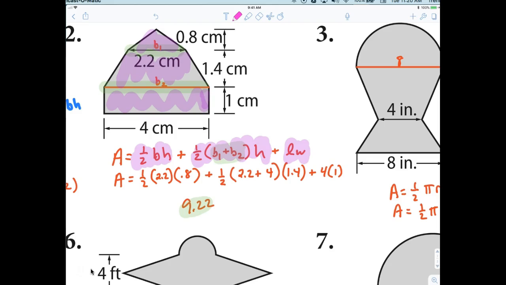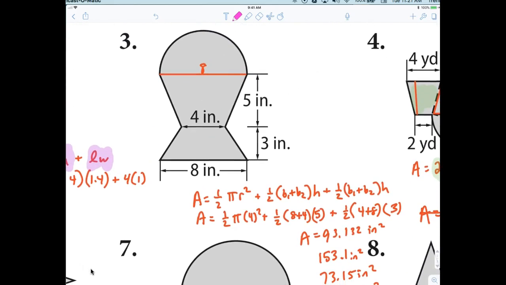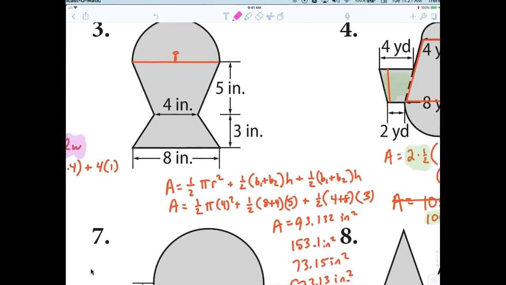And now, question number 3. Let's scroll over to question number 3. We have what? What are the shapes? Half a circle and 2 trapezoids. The question is, are the trapezoids the same? The answer is the trapezoids are not the same, so you have to have 2 different equations.